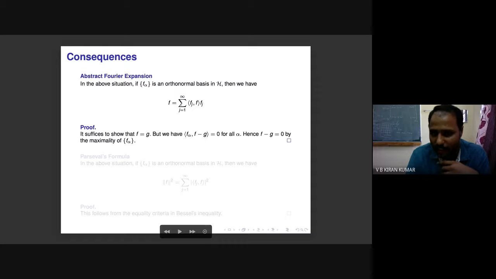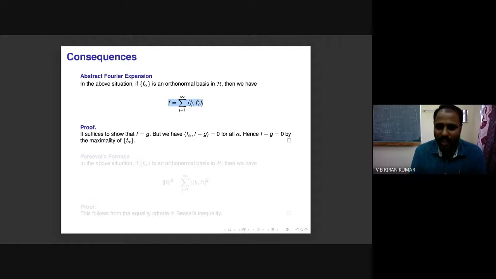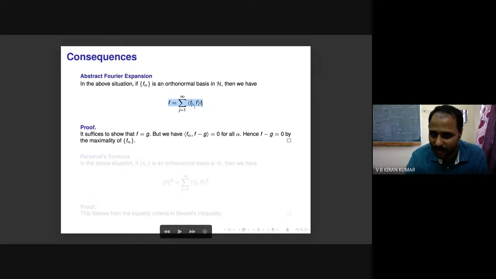This is why f_alpha is called an orthonormal basis: using maximality, you obtain an expression for F as an infinite linear combination. This also tells you that every countable orthonormal basis will automatically be a Schauder basis, because you are getting this expression directly. Is that clear to all of you?